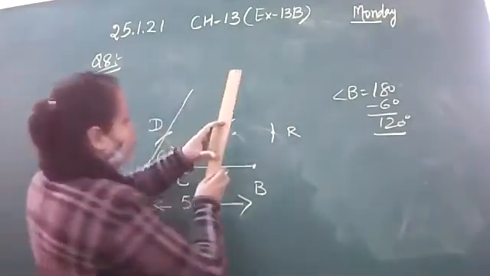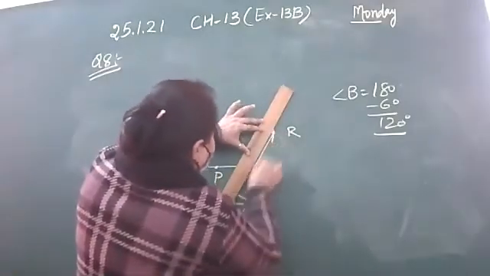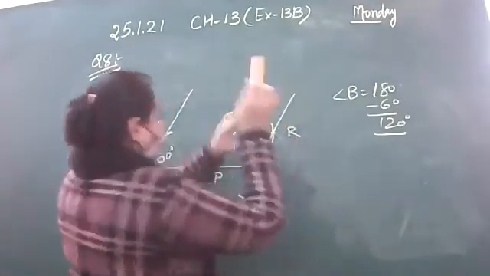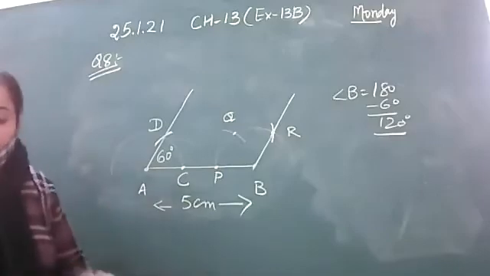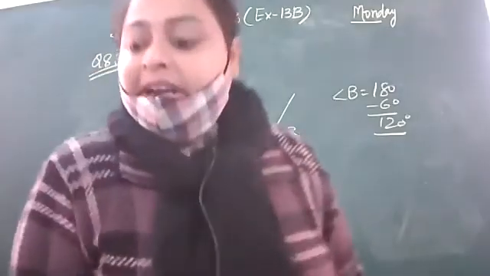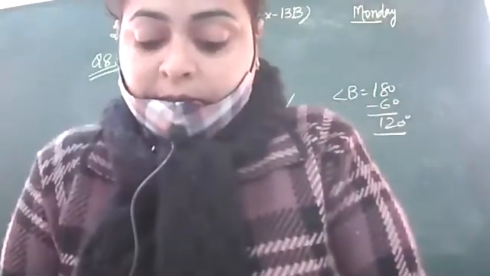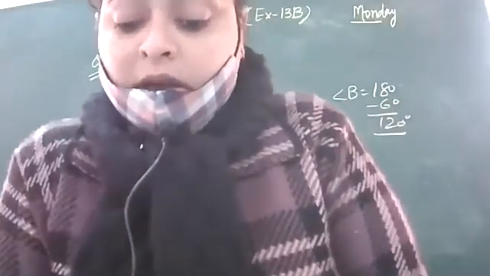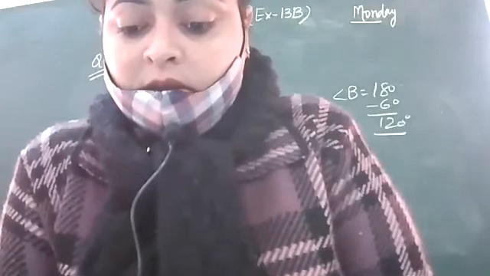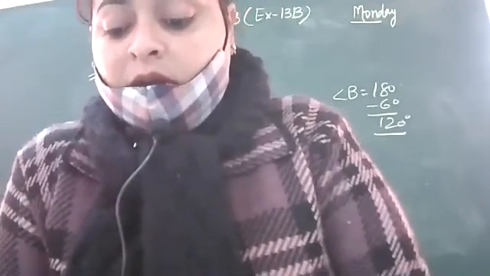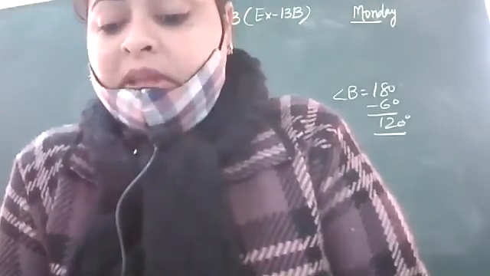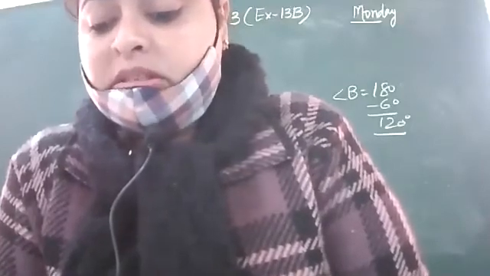Now construct 120 like this. Construct quickly, students. Then write down in the chat box. I'm going to take your attendance. Quickly draw. After that, write down in the chat box.